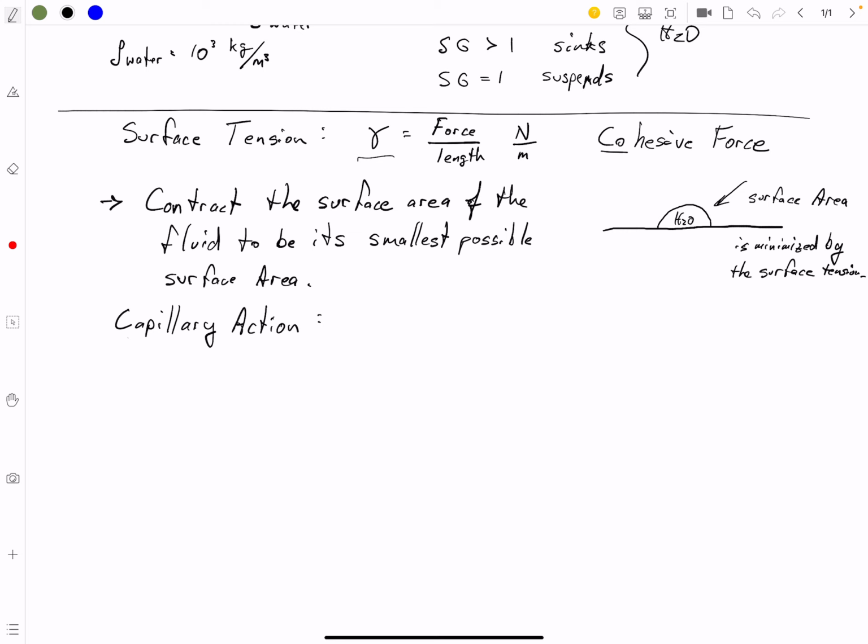We don't have a symbol that represents this. But what we do know is that capillary action would be the action where this drop of water on this surface wants to spread out, okay?